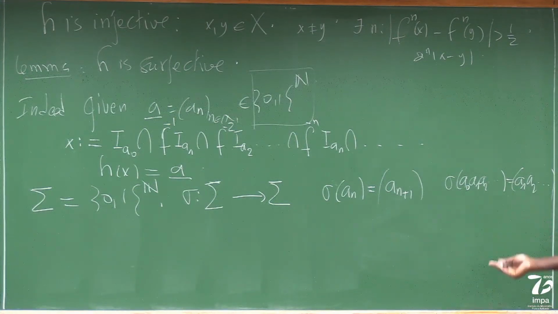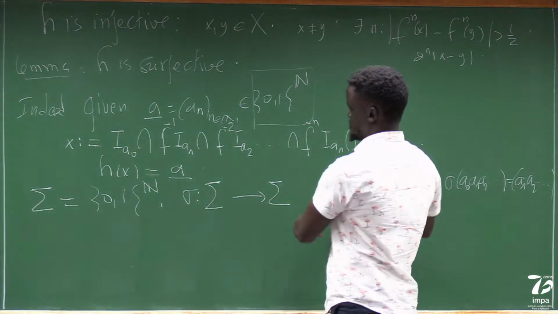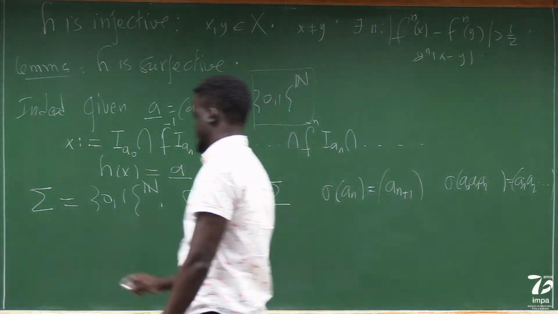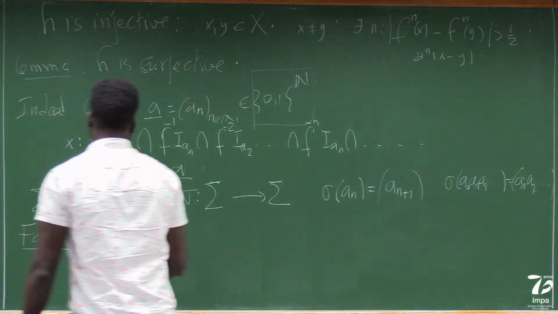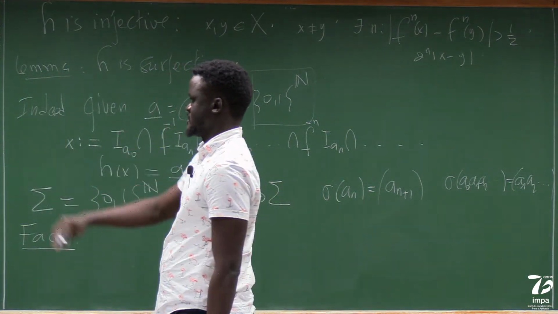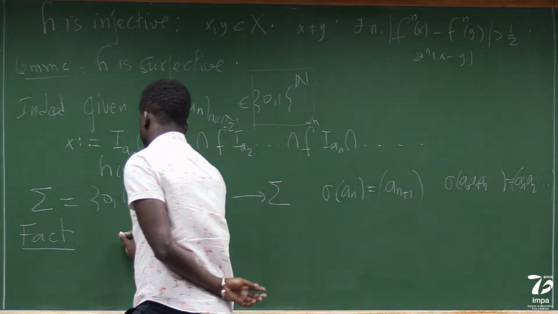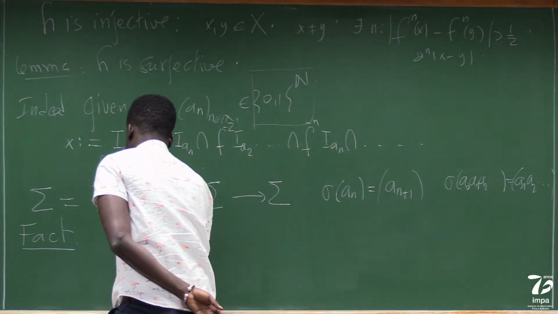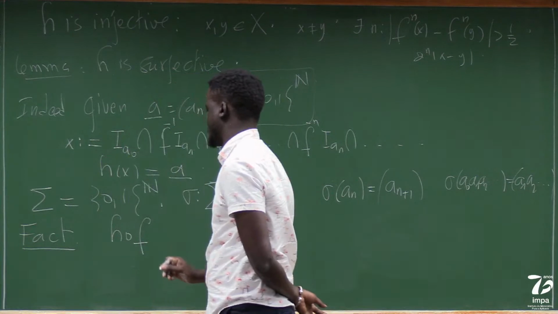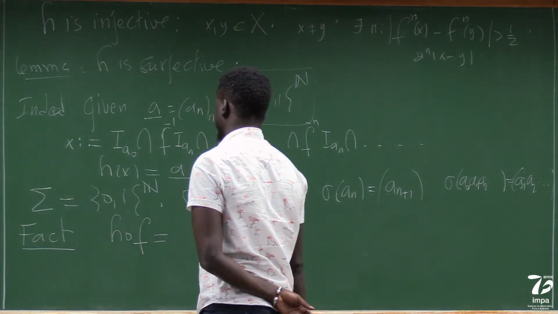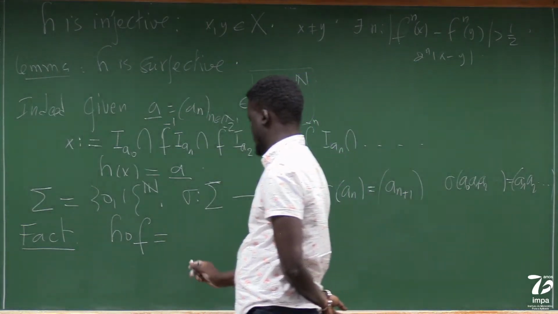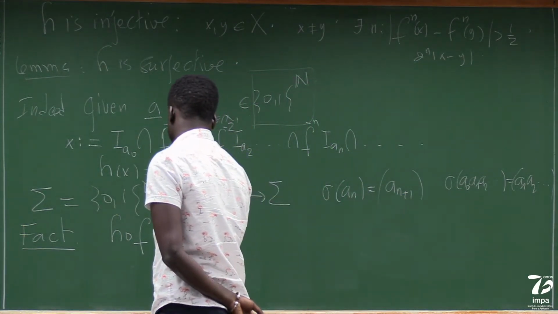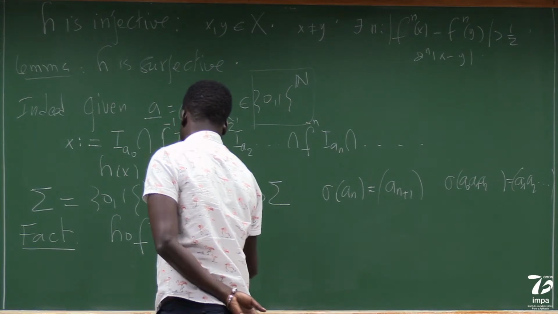There is something interesting about how this is related to the previous dynamics. This map h conjugates the two dynamics, meaning h composed with f, where f is 2x mod 1, equals sigma composed with h.